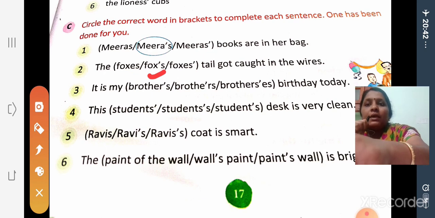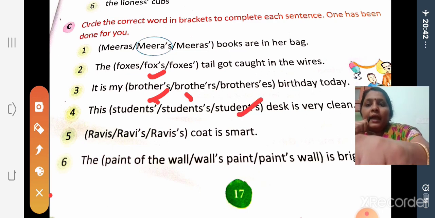Then it is my brother's birthday today. The answer is brother apostrophe s. Okay, then this student's desk is very clean. So the fourth one, this student apostrophe s.